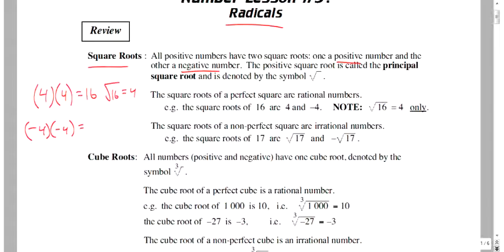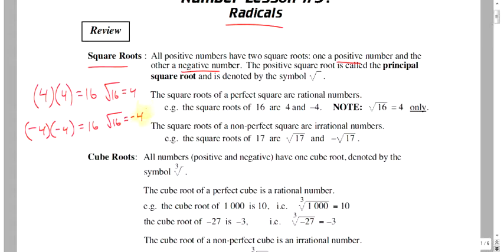It's also positive 16, isn't it? Okay? So can I say the square root of 16 is negative 4? Because there is some number multiplied by itself to give us 16. That could be 4 times 4, but it also could be negative 4 times negative 4.